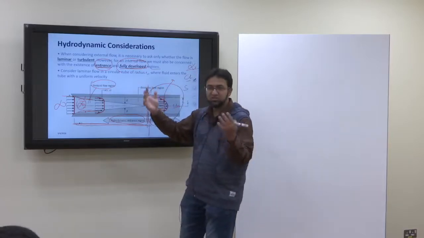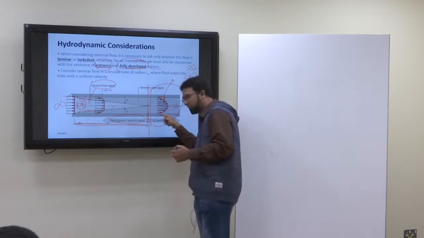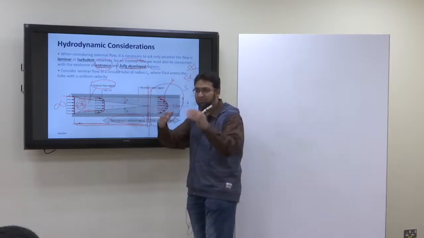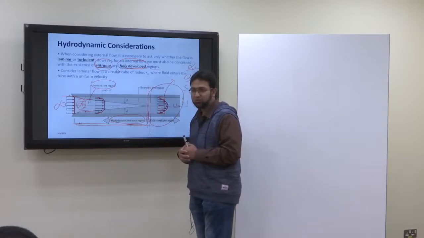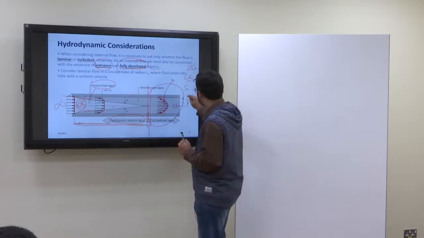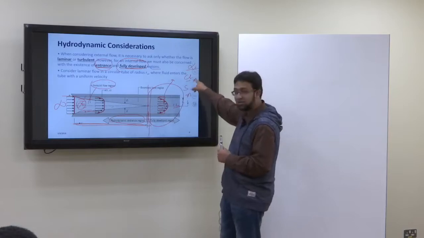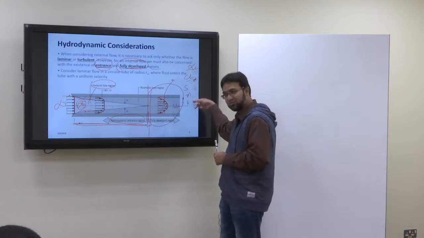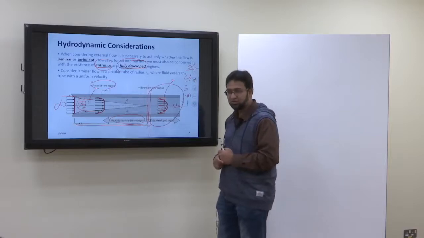Consider it as the mean of all these velocities from 0 to maximum, then maximum to 0. Add all together and divide by the area, so you get the mean velocity. So how many velocity types do you have? Free stream, center line, surface, mean. Do you understand these terminologies?